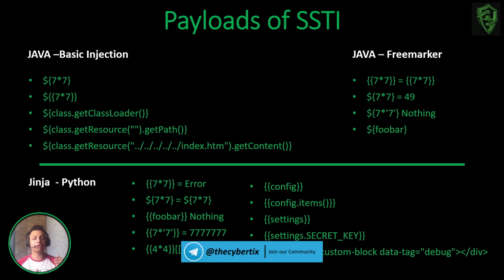First of all, you have to detect the template engine, and then you have to use the payloads based on the template. So let's take an example of Java basic injections. We obviously start SSTI with this payload, that is ${7*7}, and there are some different types of payloads where we can directly get OS command injection by reading /etc/passwd, like the Java FreeMarker templates where we use ${7*7}, which will give you the output of 49.